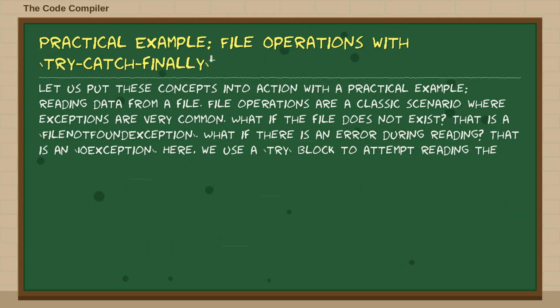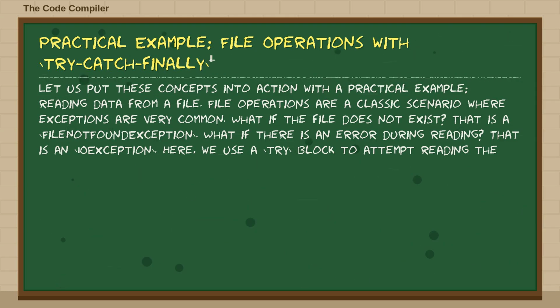Here, we use a try block to attempt reading the file. We then have two catch blocks, one for FileNotFoundException and another for IOException. Notice how we catch the more specific FileNotFoundException first.